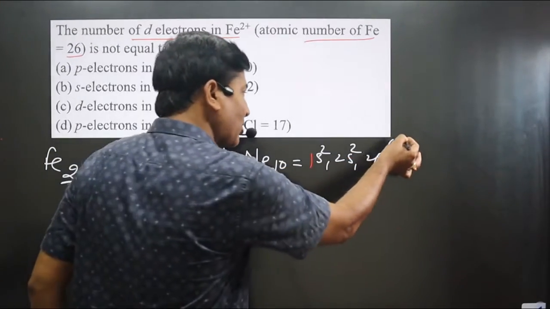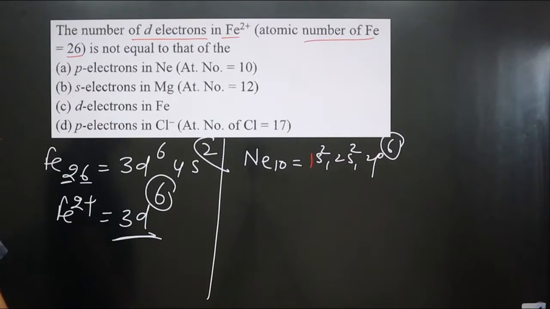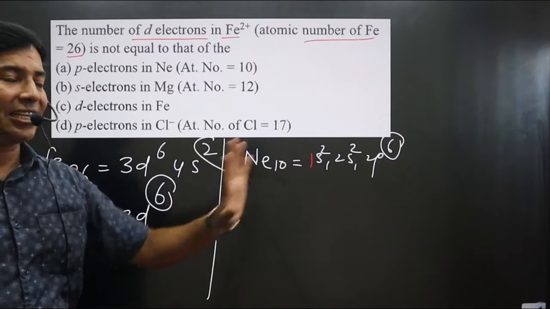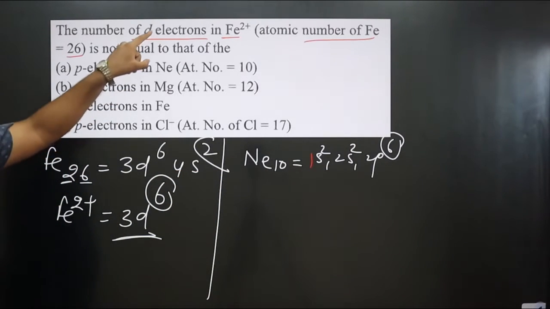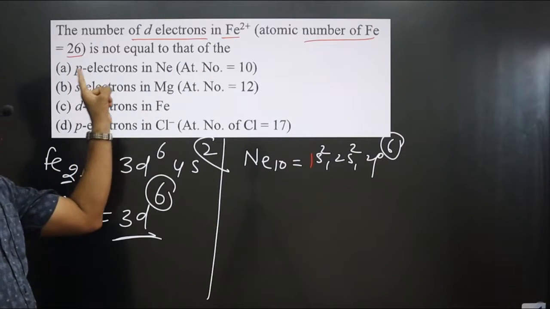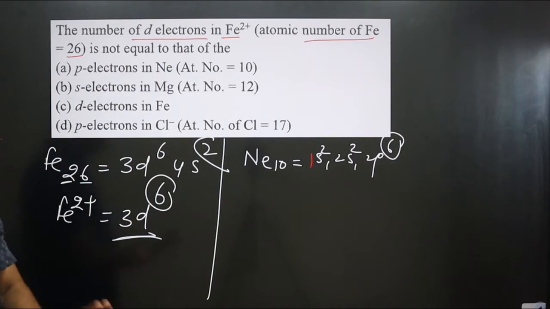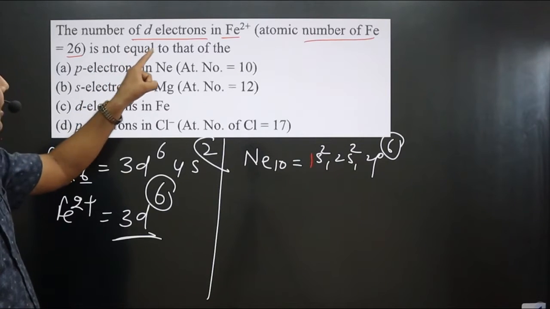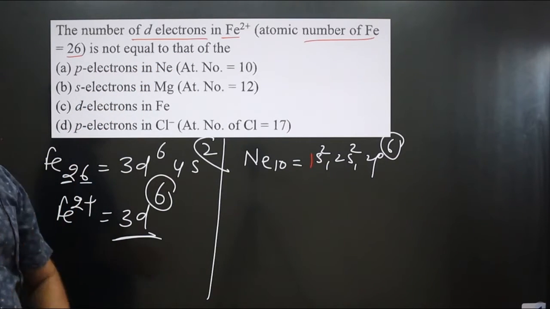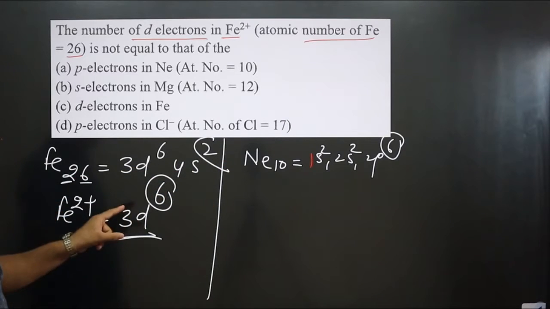You can see 6 electrons are there. So d electrons in Fe2+ are equal to p electrons in neon. That is same, and the question is asking is not equal to, where we have to determine in which orbitals electrons are not same. But in this case, it is same.